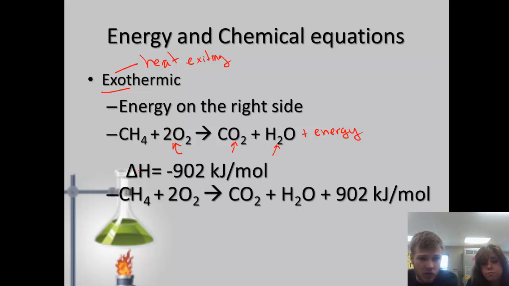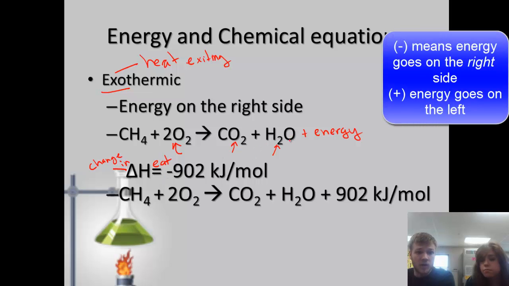And this is how we call it. This is called change in heat. This means change in. And so what's up with that negative sign? This negative is going to be very important. The negative or the positive is going to tell you what side to put the energy on. I know just from running a car and combusting that energy is being released, and that's what allows my car to move. So I know energy is being released, it's on the product.